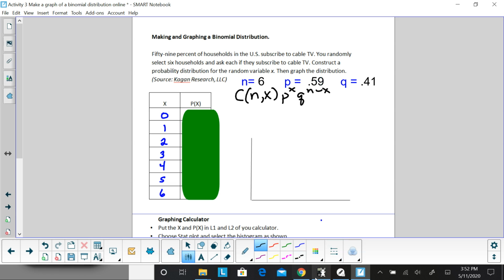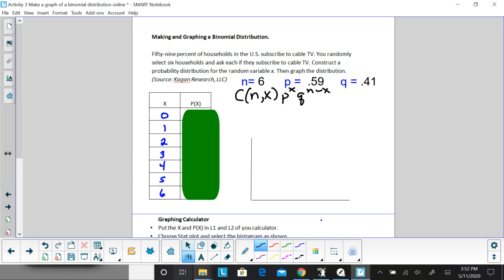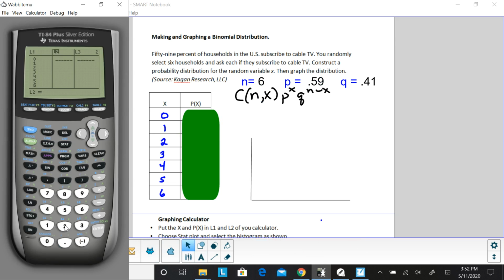Okay, so as we do that, we need to remember that n we know is going to be 6. So we're going to be putting 6 in there. So that has to go first.